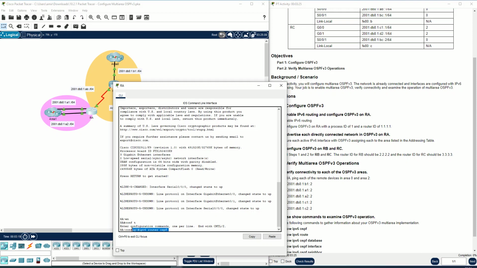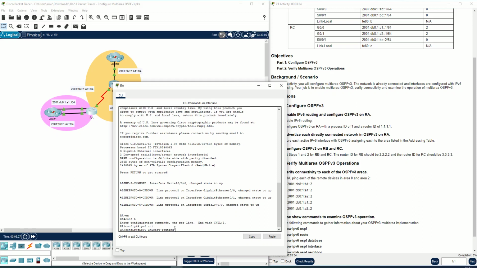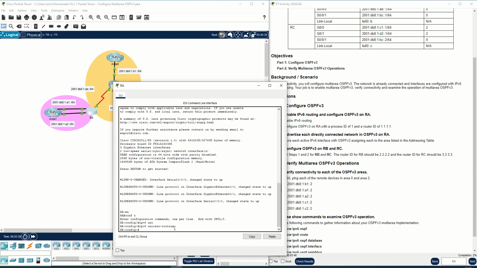First, we should enter ipv6 unicast-routing, and you tell your router, I want to use OSPFv3. The ipv6 unicast-routing command helps us to activate version 3.